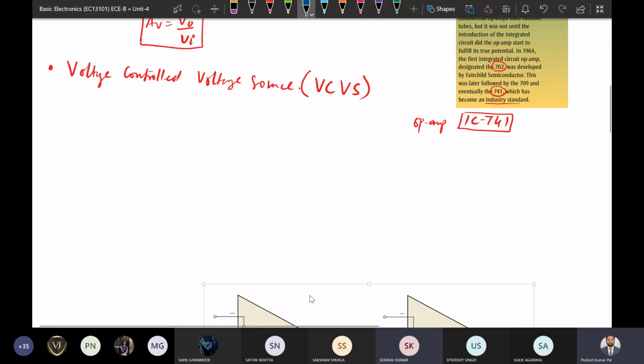This operational amplifier is a voltage amplifier. So I'm just representing how the equivalent circuit of a voltage amplifier is represented.